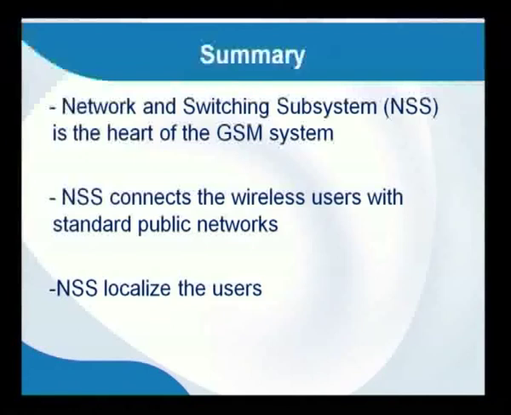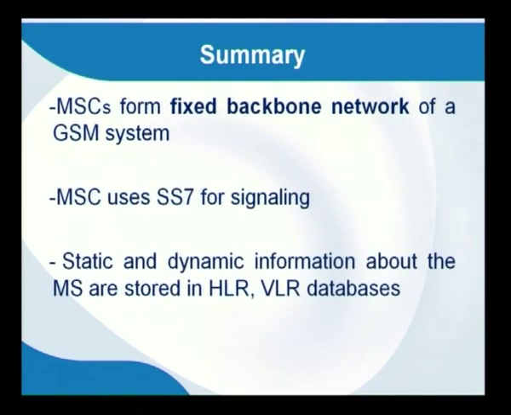Let us summarize what we have discussed. NSS, the network and switching subsystem, is the heart of the entire GSM network. NSS connects the wireless users with the backbone GSM network. NSS localizes the users.